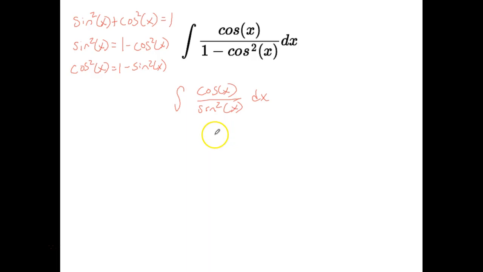Now, there's a lot of ways to manipulate this. So how about I take an incorrect route first, okay? So this is going to be wrong. I'm going to move this sine to the top. And remember, 1 over sine is the same as cosecant, right? So if I move that to the top, I can have the integral of cosine of x cosecant, because I'm moving it to the top, squared of x dx.